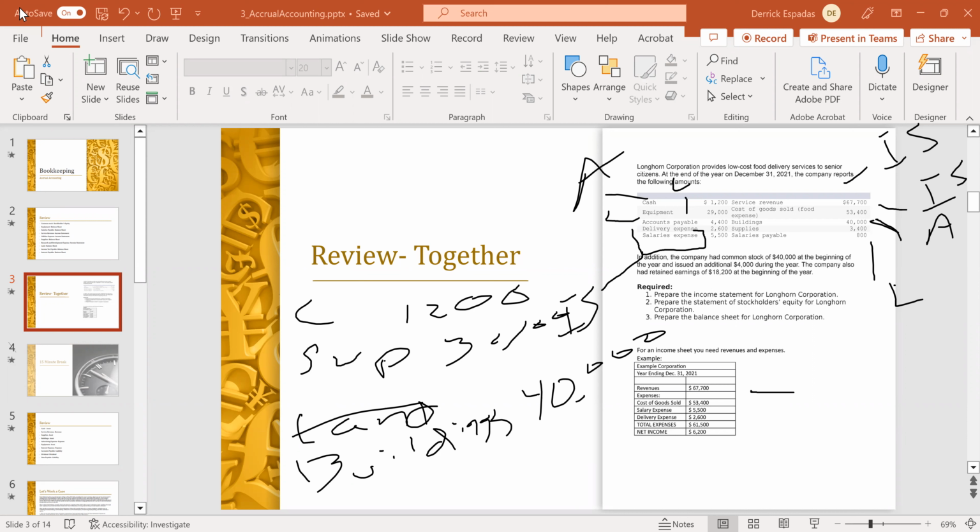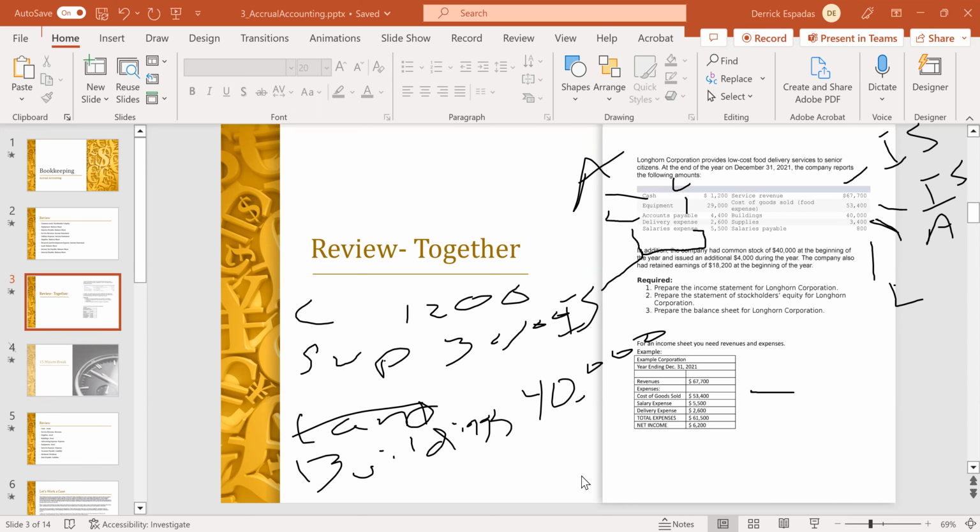What we want to do is start with how much common stock we started off the year with. The company had retained earnings at 18.2. So we had common stock at 40, which we issued, so we would put our 40,000.